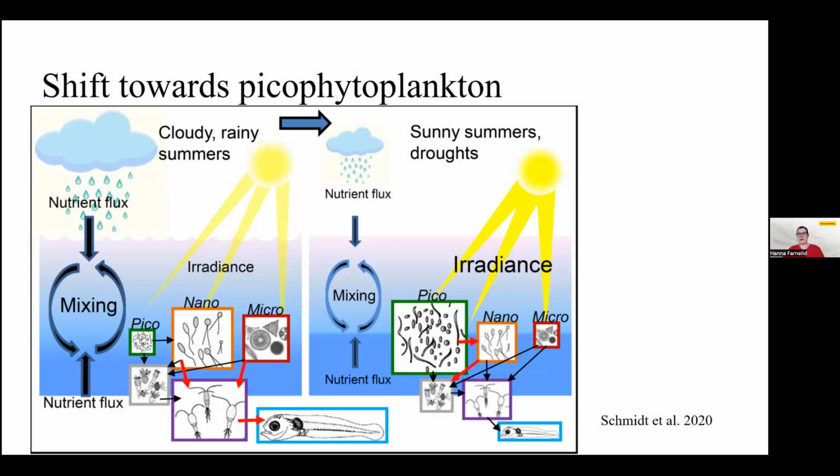It doesn't contain many essential fatty acids that are really needed for sustaining healthy ecosystems. So a shift towards smaller phytoplankton could mean more energy losses and less nutritious food for higher trophic levels. And this could then have very large consequences for the marine ecosystems.